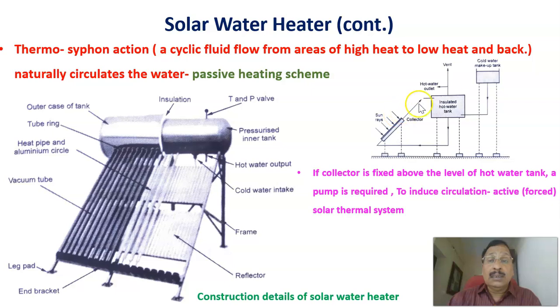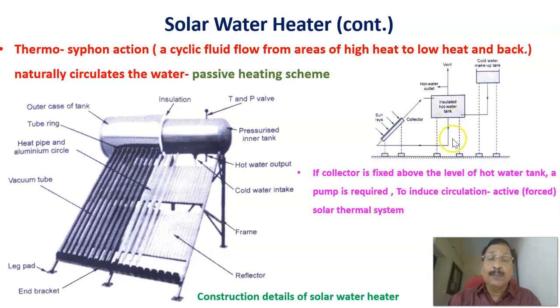And if the collector is kept above the hot water tank, then a pump is required to induce a forced circulation. That is called active solar, an active thermal system.